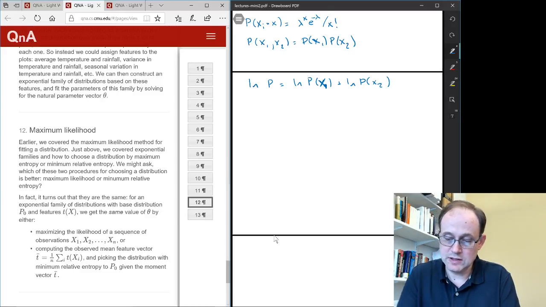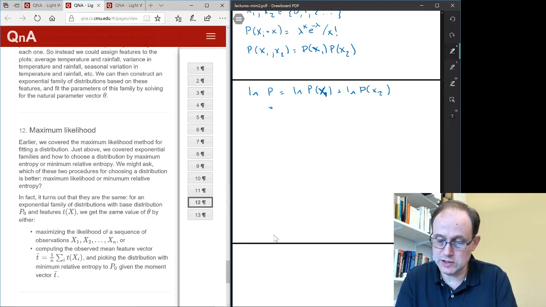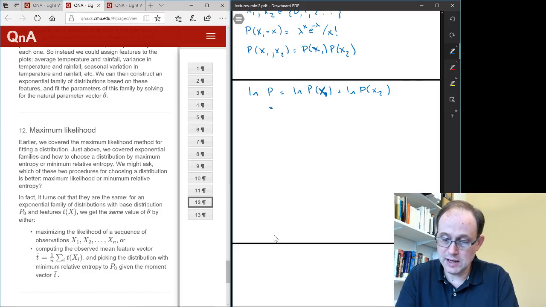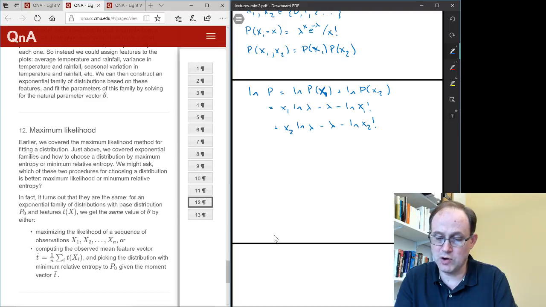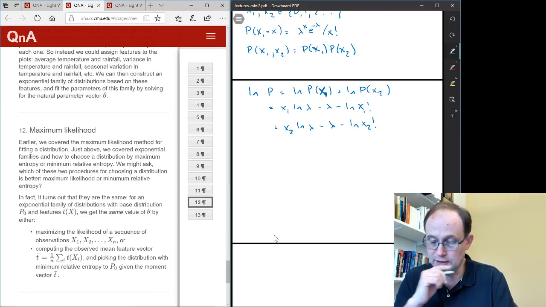Substituting this in, that will be x1 log lambda minus lambda minus the log of x1 factorial, plus x2 log lambda minus lambda minus log of x2 factorial. What I'm doing here is taking this definition of the probability of each x and taking the log of it.